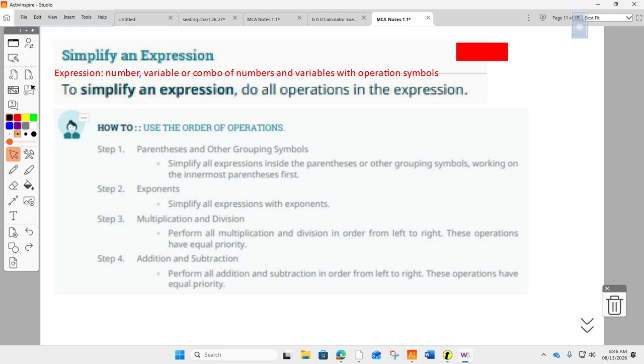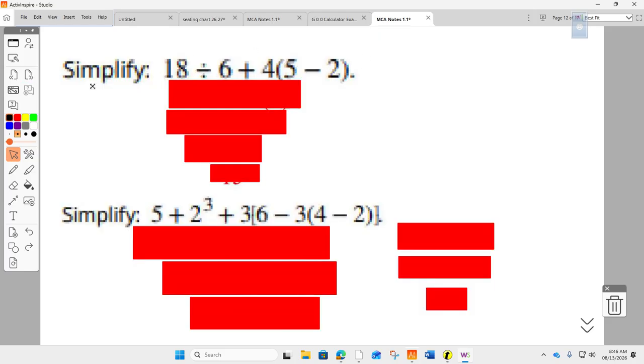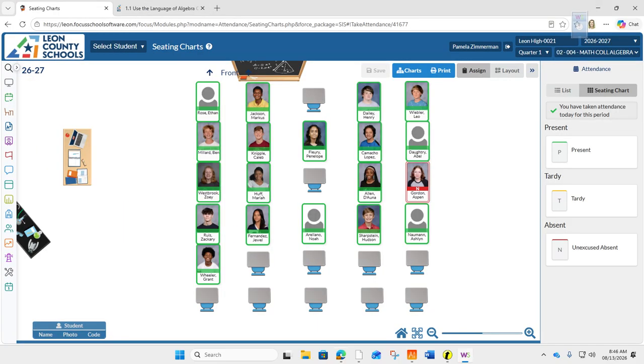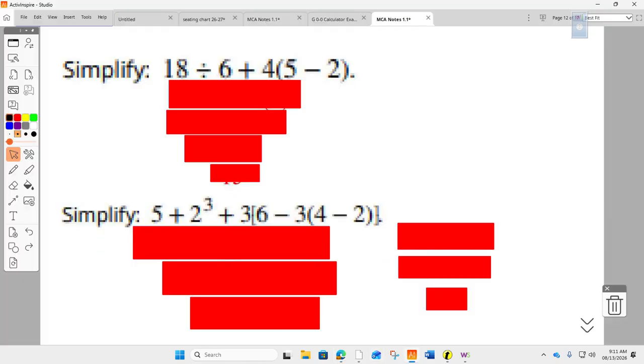Right, so what are we going to do first in this example? Perfect.